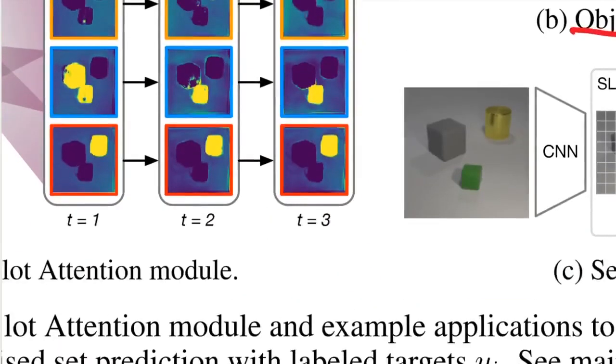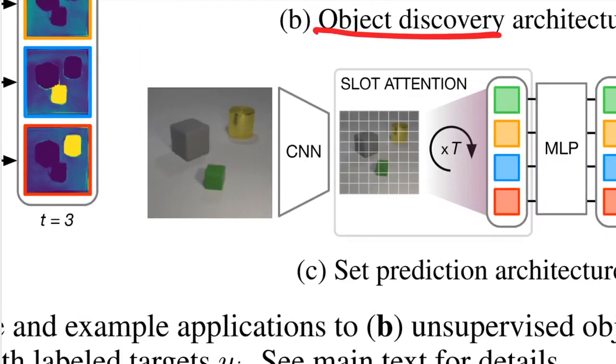In the task of set prediction, you're supposed to say what objects there are. So you're supposed to say there is a gray cube right here, a green cube right here, and there is a yellow cylinder right there. Actually, you don't have to say where they are, I guess. There are many different variants of this task, but mainly you're supposed to classify them, meaning you have to say there is a gray cube there.